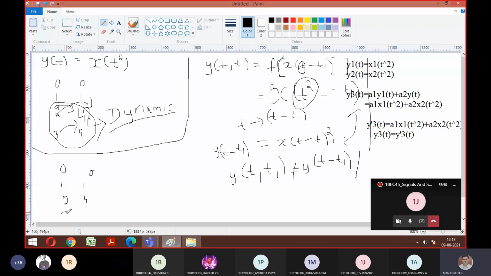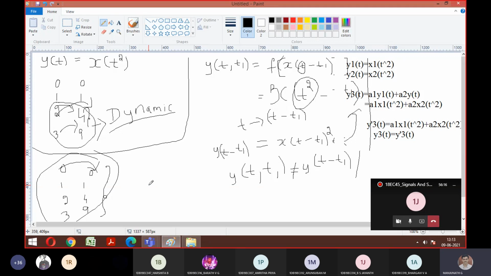Is it bounding or unbounding is what you're supposed to check. Bounding means whatever values you're giving, it should be in the range, a boundary, it's not going to infinity, right? Everyone? Yes, sir.